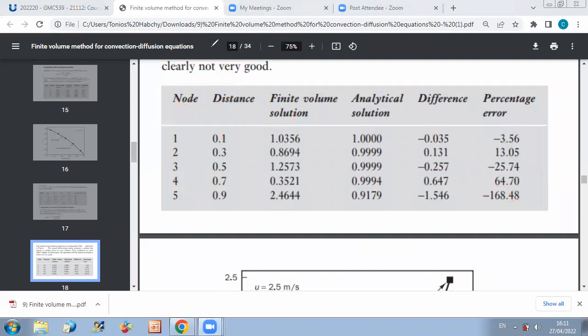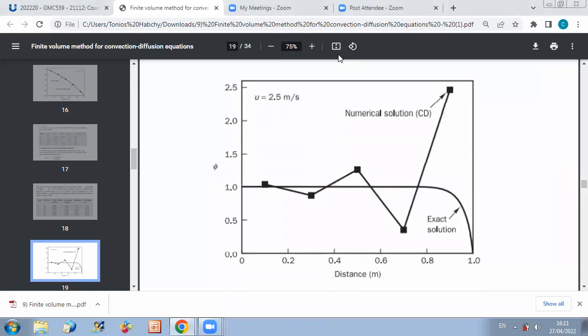We know that the central difference scheme works well whenever conduction is dominant. As the convective term becomes dominant, the upwind scheme will perform better. Why? Because when we take the central difference scheme, we consider that you have linear variation of the variable between 2 nodes.